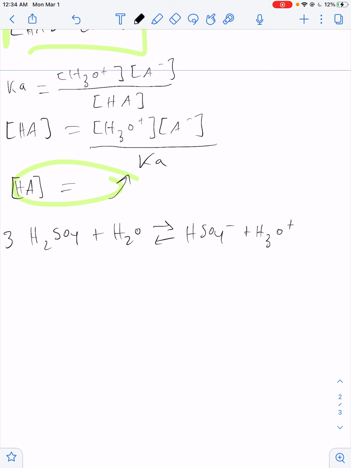If you look at this question, it gives us the Ka of HSO4 minus. So Ka for HSO4 minus is 0.0120. Nowhere in this equation do I have HSO4 minus as the acid, so I cannot use this Ka for this equation.